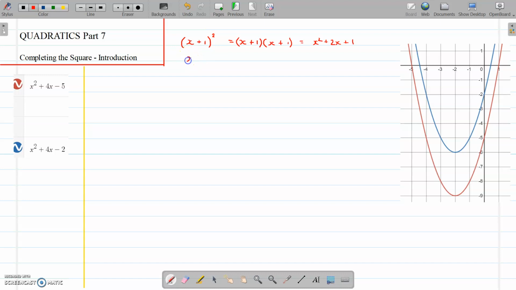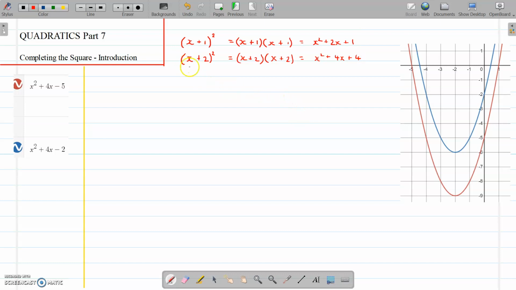Right, now we need to do a couple more before you can see what this is about. I'm now going to do x plus 2 squared. For the moment I'm just going to keep the x coefficient as 1, and I'm going to have x plus 2 times x plus 2, and it's going to give me x squared plus 4x, because it's going to be plus 2x and plus 2x, plus 4 at the end.